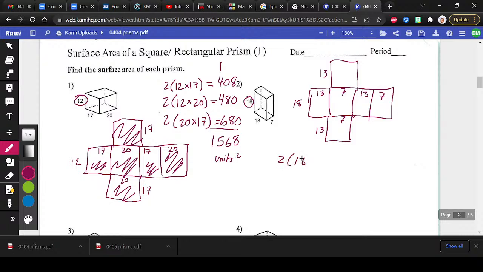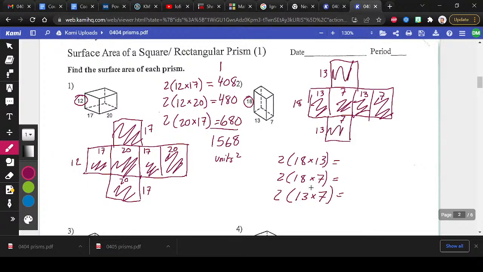So we do 2 times 18 times 13. That gives us this rectangle and this rectangle. We do 2 times 18 times 7, which gives us this rectangle and this rectangle. And then we do 2 times 13 times 7, which gives us the top and the bottom. So throwing those into the calculator, we get 468.